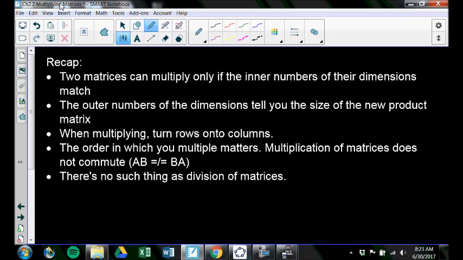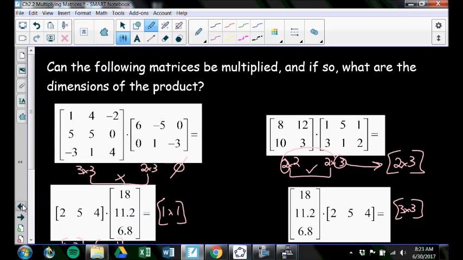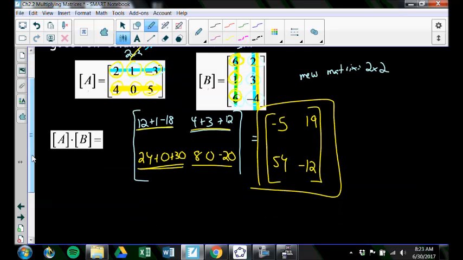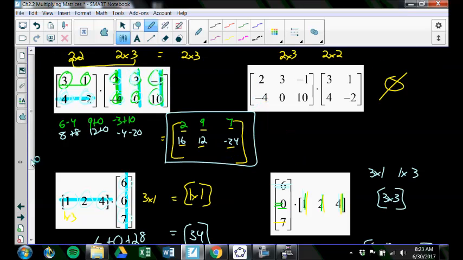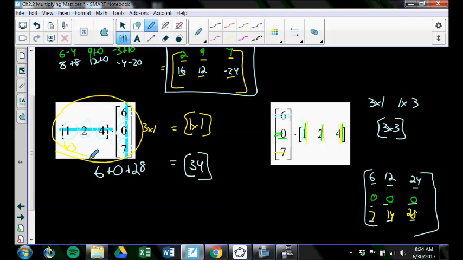And then here's two things I didn't actually discuss in this video. The order in which you multiply matters. So if we go back to this slide here, you'll notice these matrices are inverted. 1, 2, 4, 6, 0, 7, 6, 0, 7, 1, 2, 4.